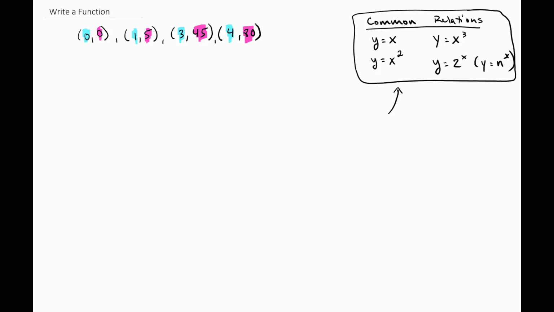Now, one of the things we could do is start a simple table. So we have an x, we do something to it, and it gives us a y. Let's start with the first ordered pair, and we have a 0. Then something happens to that 0, and it spits out another 0.